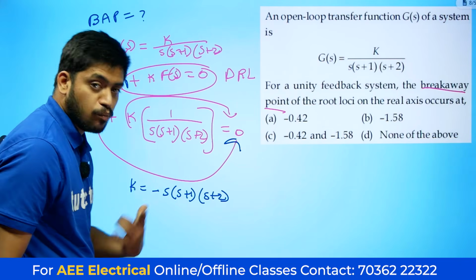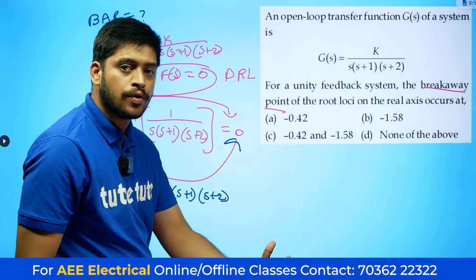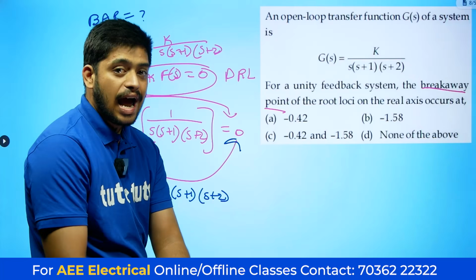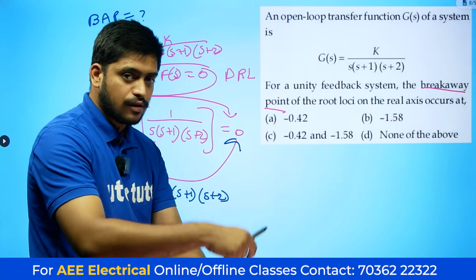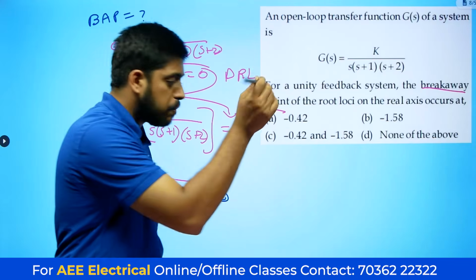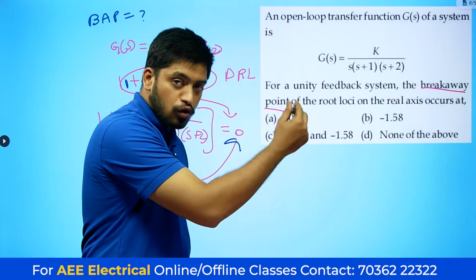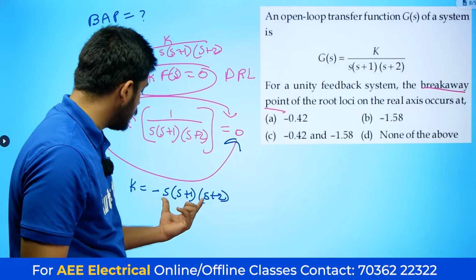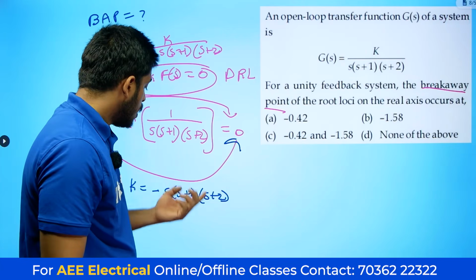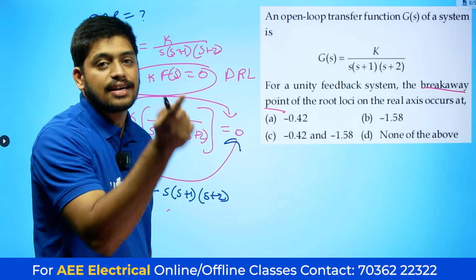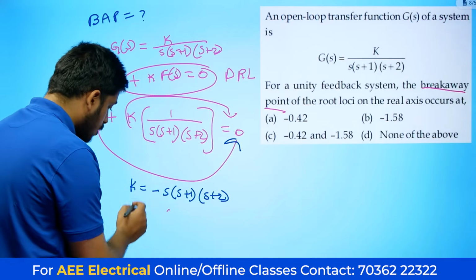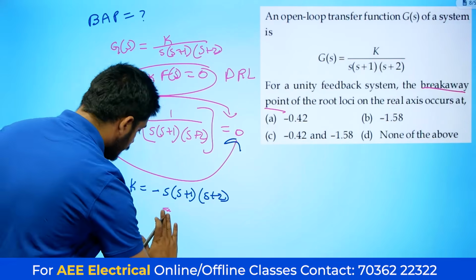Now to get a breakaway point, we need to differentiate the value of K and equate it to 0. At that point, whatever S value we get, if it lies in the area of root locus, suppose we get S as some value like 4 or 5, if that is lying in the DRL, then that is the breakaway point or break-in point of that equation. So next, let us differentiate this equation.